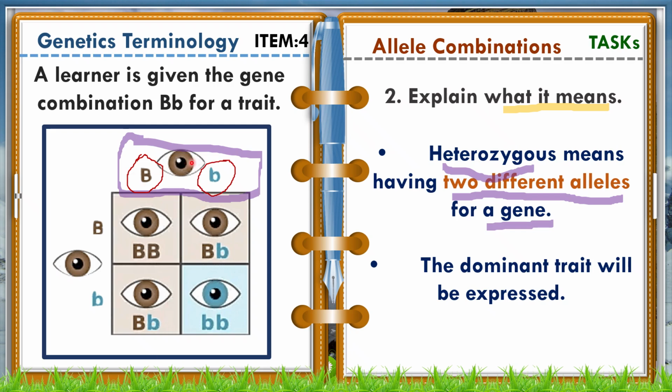But the two are different alleles. This is a dominant allele, this is a recessive allele. But it is the same gene controlling eye color. So this combination is what we call heterozygous, which means having two different alleles for a gene.